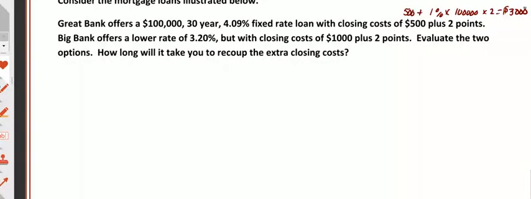For the second bank, we've got closing costs of $1,000 plus 2 points. So it's going to be $1,000 plus 1% of $100,000 times 2 because it's 2 points. I think this comes up to be $3,500.